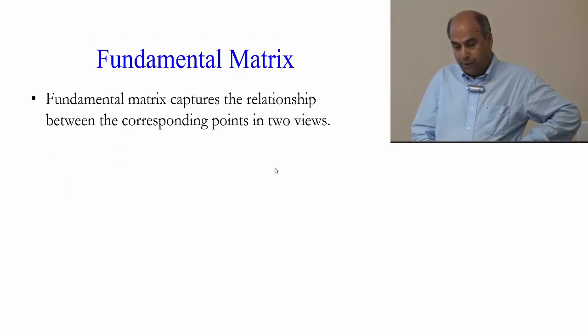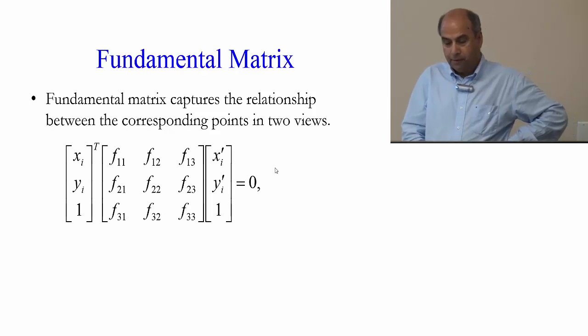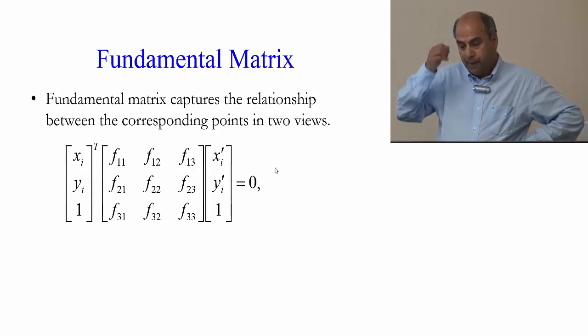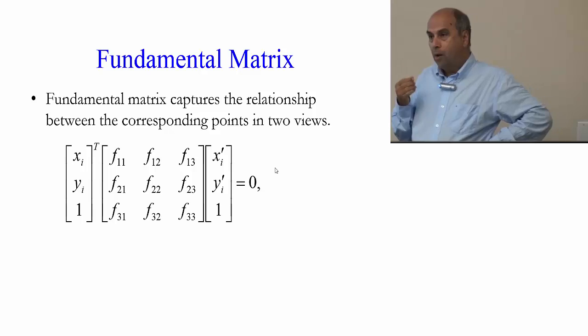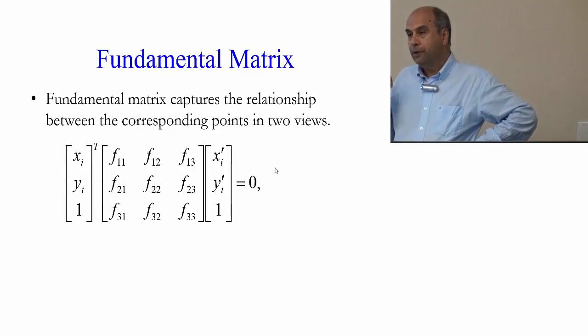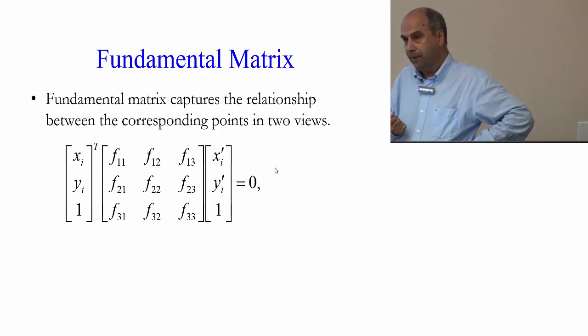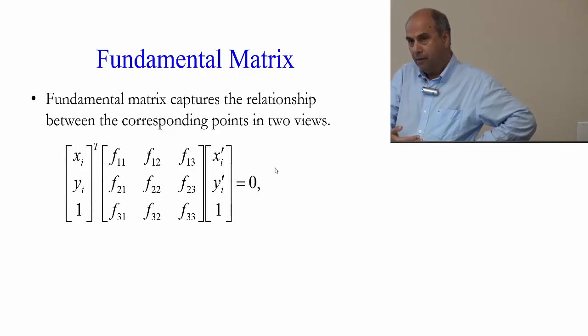So the fundamental matrix captures the relation between corresponding points in 2 views. We have derived it, and now we want to know how to compute it given 2 images.